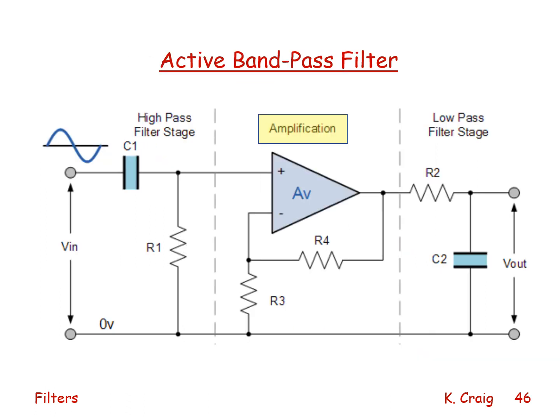I can also obtain an active bandpass filter with amplification by taking my passive high-pass filter and my passive low-pass filter and adding my non-inverting op-amp stage for amplification in the middle.